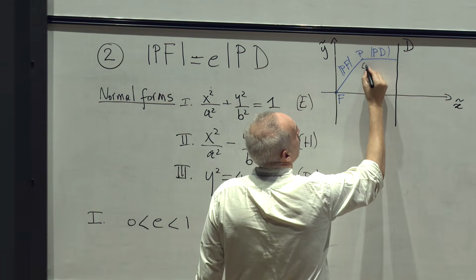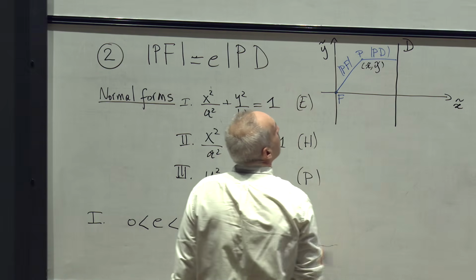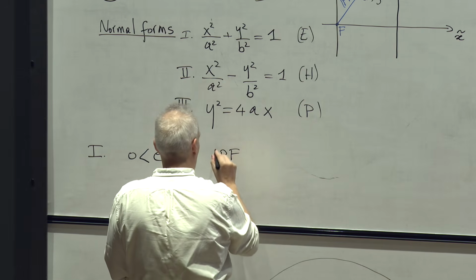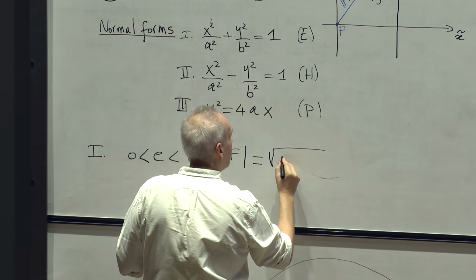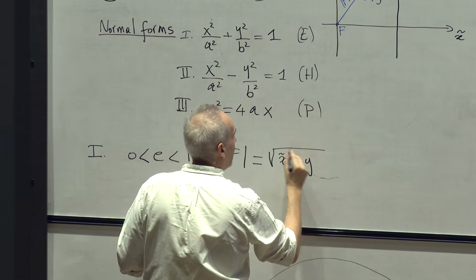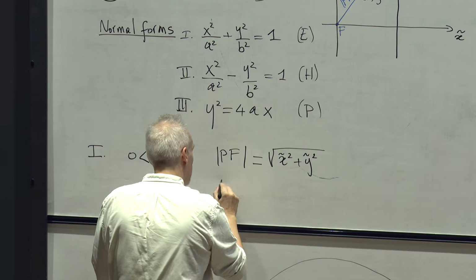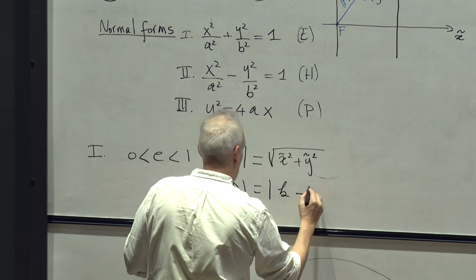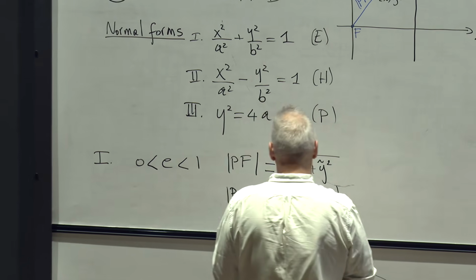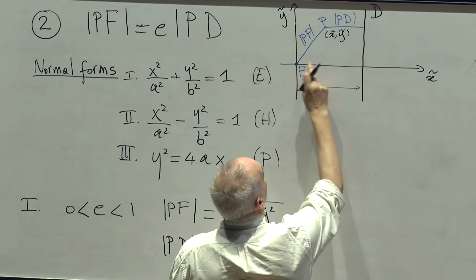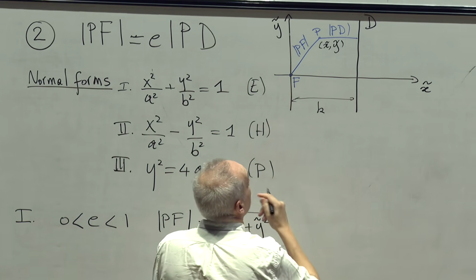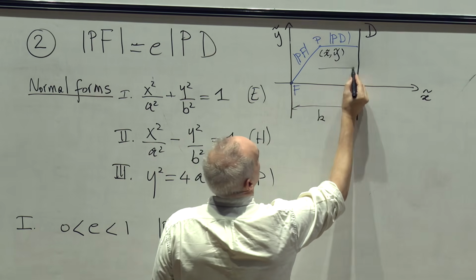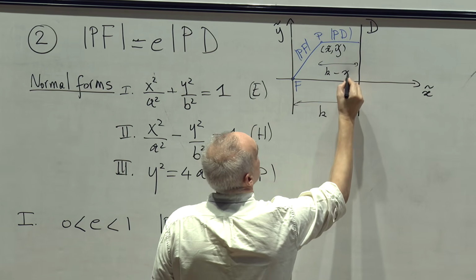So the point P has coordinates x tilde, y tilde. And so the distance PF is the square root of x tilde squared plus y tilde squared. And the distance PD is just k minus x tilde, where k is this distance here.